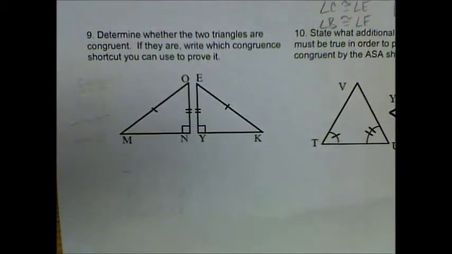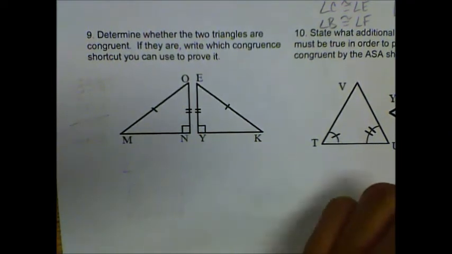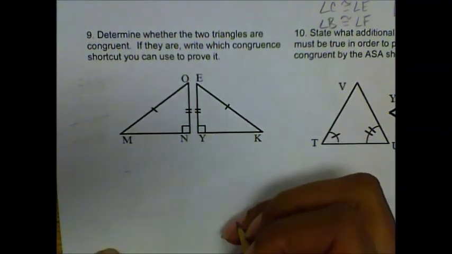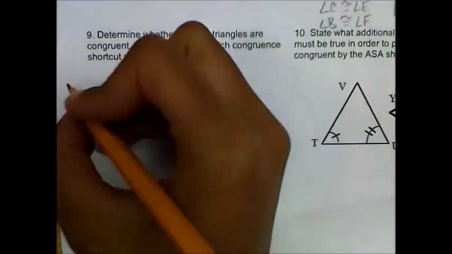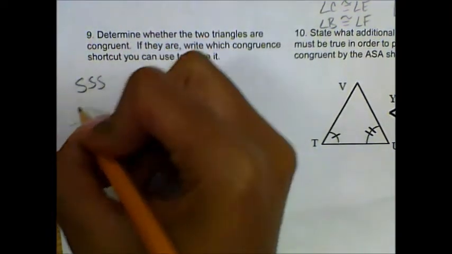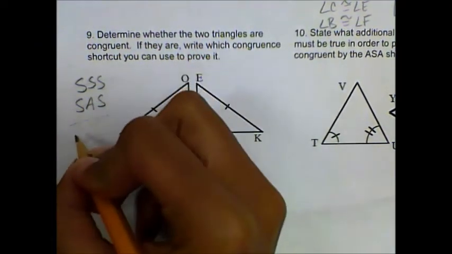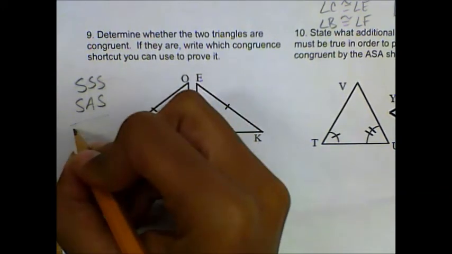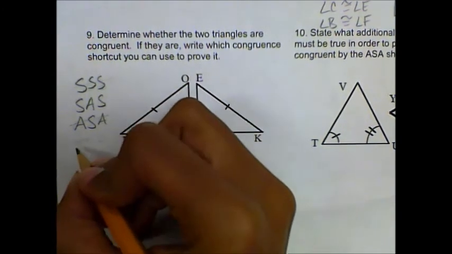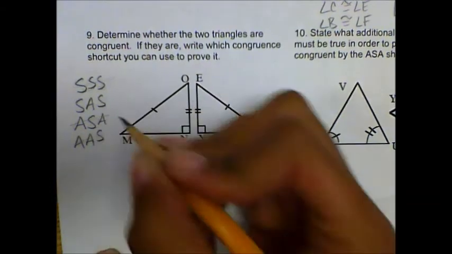Number 9. Determine whether the two triangles are congruent. If they are, write which congruent shortcut you can use to prove it. So looking at this, we have 4 congruence shortcuts. We have side, side, side, side, angle, side, angle, side, angle, and angle, angle, side.